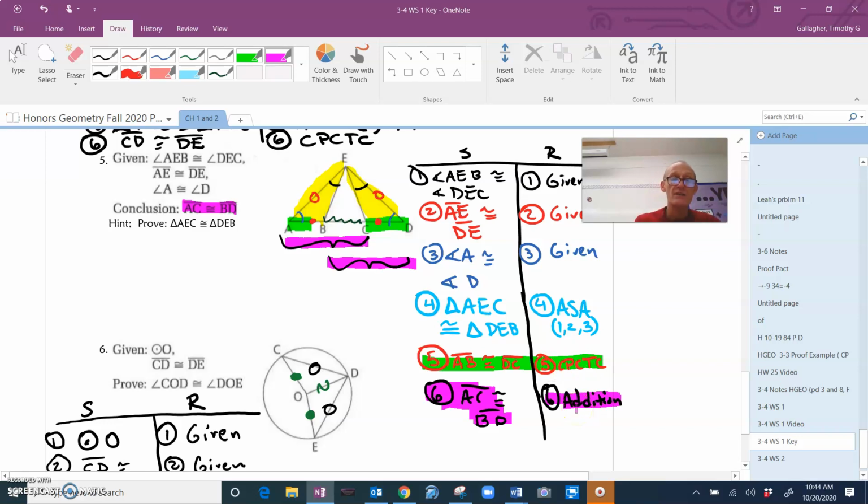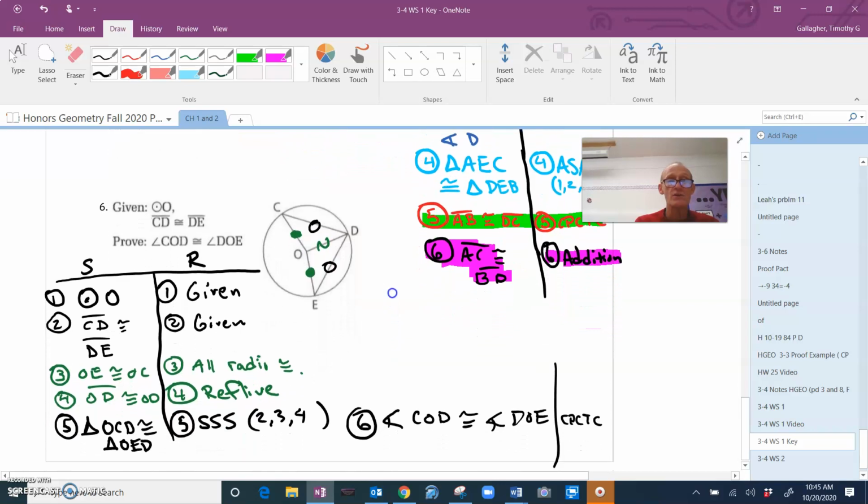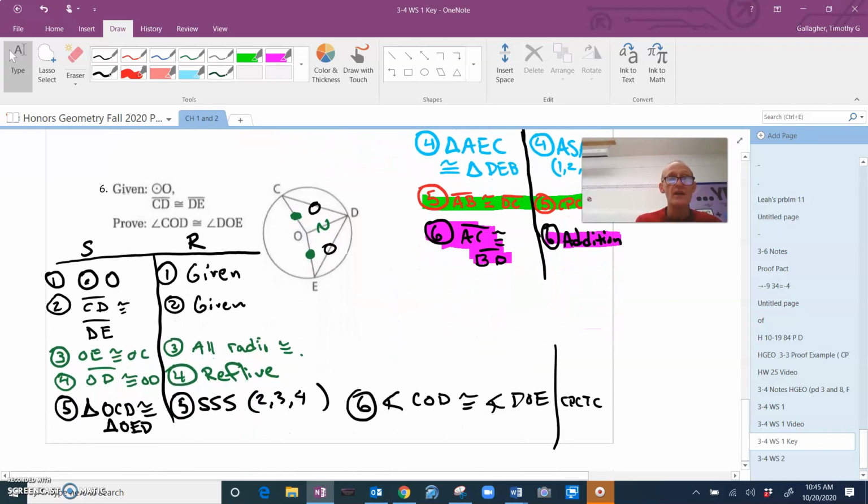All right, the last problem here is a circle. And anytime you have this circle, you're going to use this all radii congruent. All right, we can see an OE and OC here. OE and OC. And then we have the reflexive side. Can you see the reflexive side there?